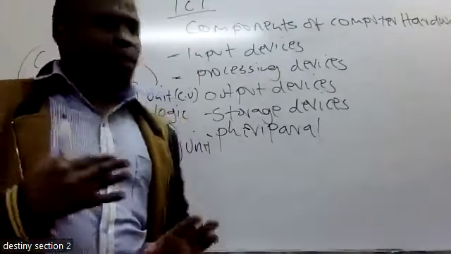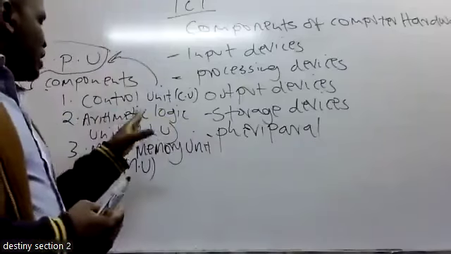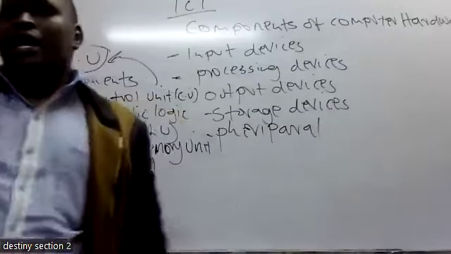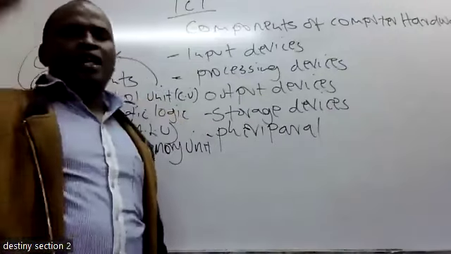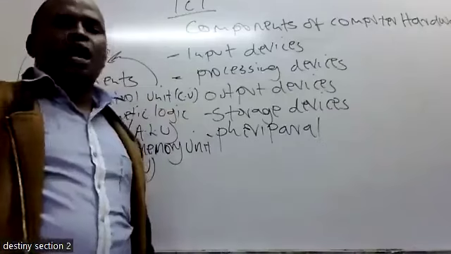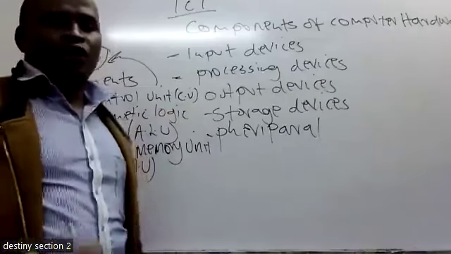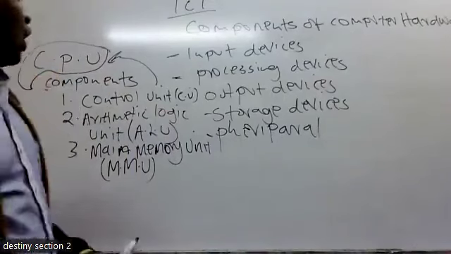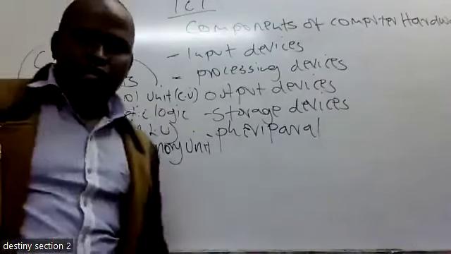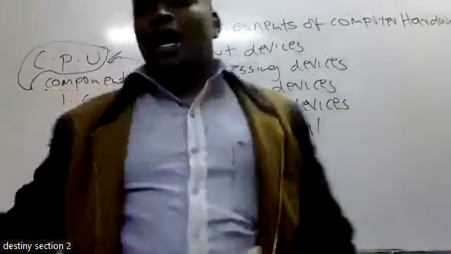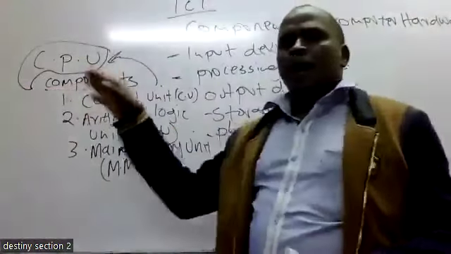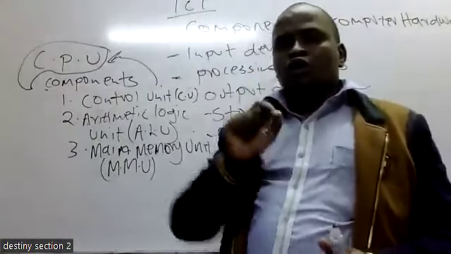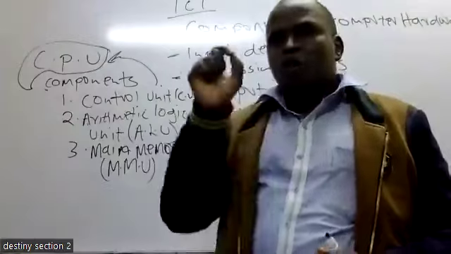And then we have the arithmetic logic unit, which handles the arithmetical part of the computer, like multiplication, subtraction, addition, division, and so forth. And then also we have the logical unit, the logical part of the ALU, which deals with logical functions.